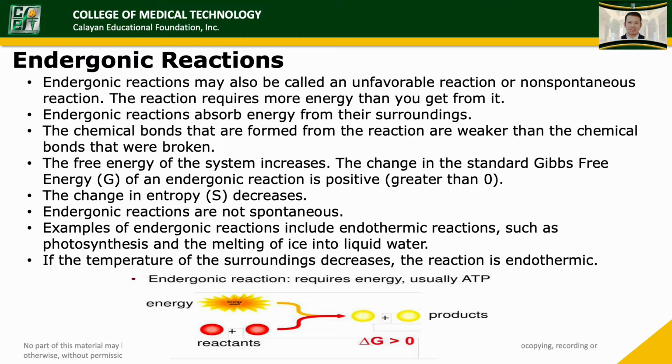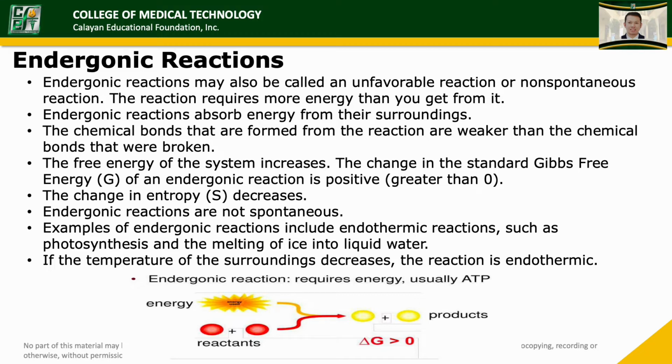So that's why ice melts, because it absorbs energy from the surroundings. So if the temperature of the surrounding decreases, the reaction is endothermic. So in endergonic reactions, as shown in the illustration, it requires energy and usually in the form of ATP.